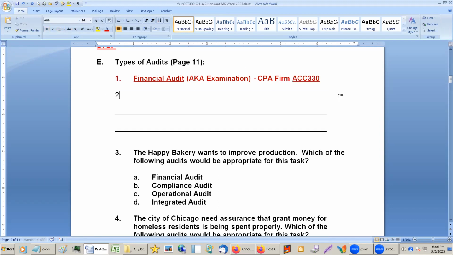Second type of audit is an operational audit. And in this audit you're looking for effectiveness, efficiency.